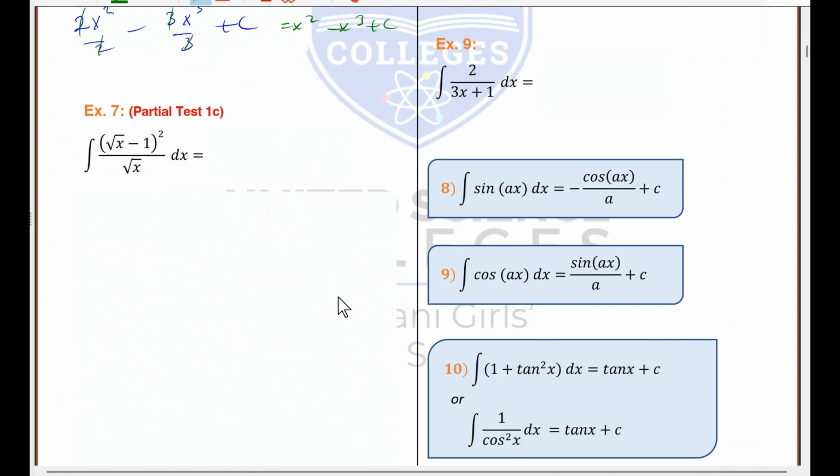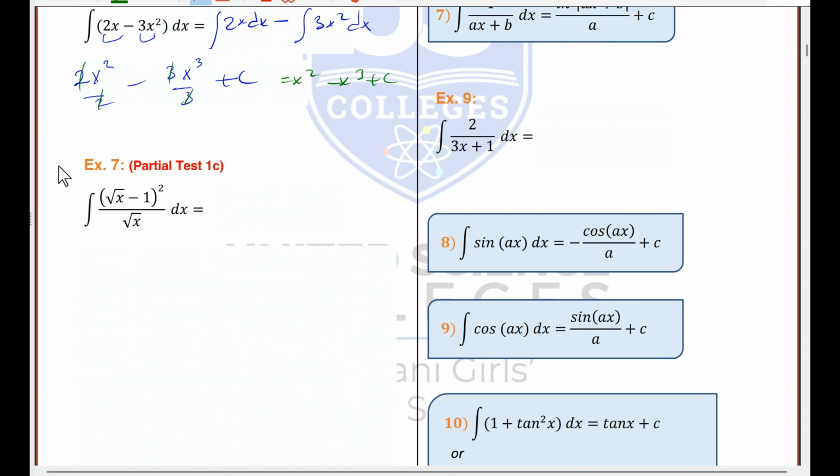This is the property. Let's do one more question about this property. Partial test 1c. It's such a complicated looking question, so we should simplify it first to make it easier. So we have a square here. Let's expand this.